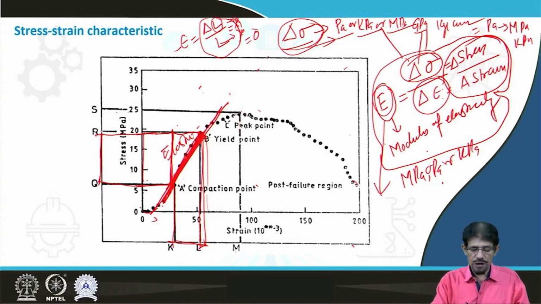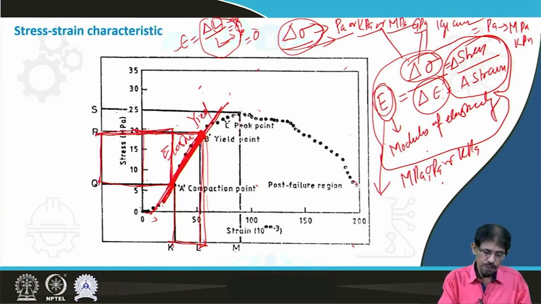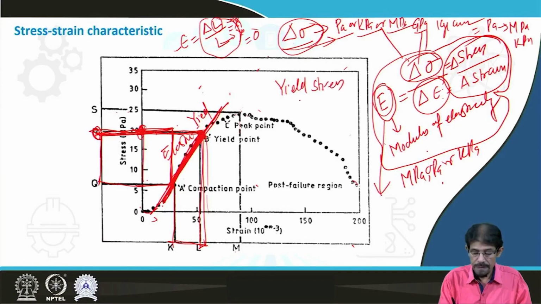This portion representing the elastic region, and there is a deviation from the elastic. This point is recognized as yield point. Therefore, if we are going to draw this line on stress zone, then we can say that this value of stress is actually yield stress. And the corresponding value of strain is yield strain.